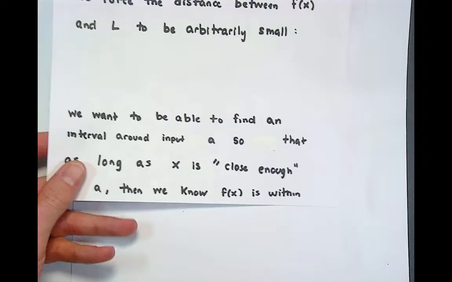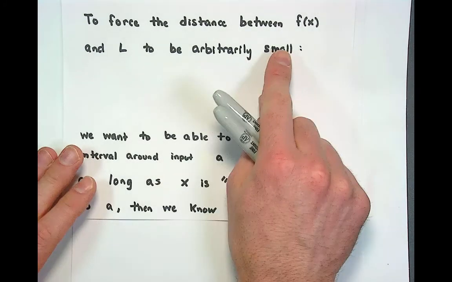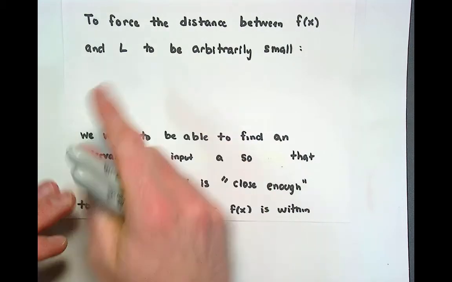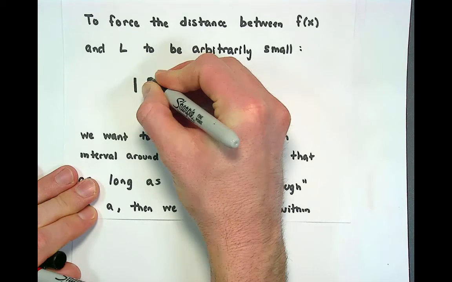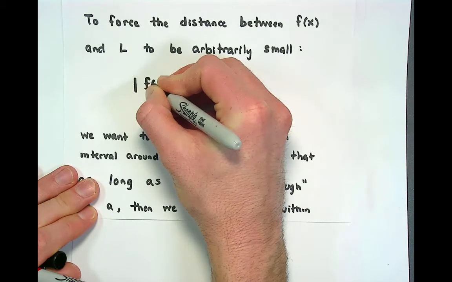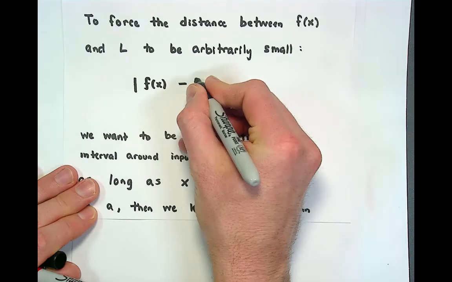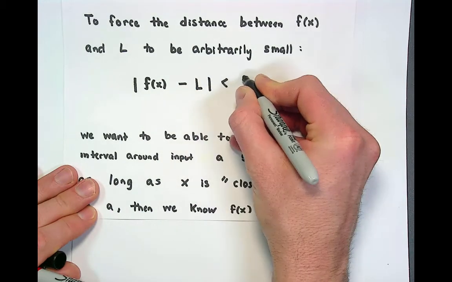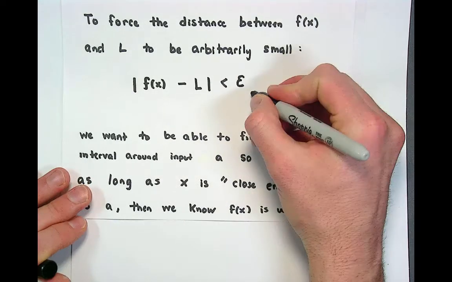Let's go ahead and talk about how we do this. So mathematically, we say to force the distance between our function f of x and limit L to be arbitrarily small, what we allow ourselves to do is say, well, the distance between real numbers, because remember, in single variable calculus, the output of a function is a real number, this distance is given by an absolute value, and we say we want to choose an arbitrary tolerance.